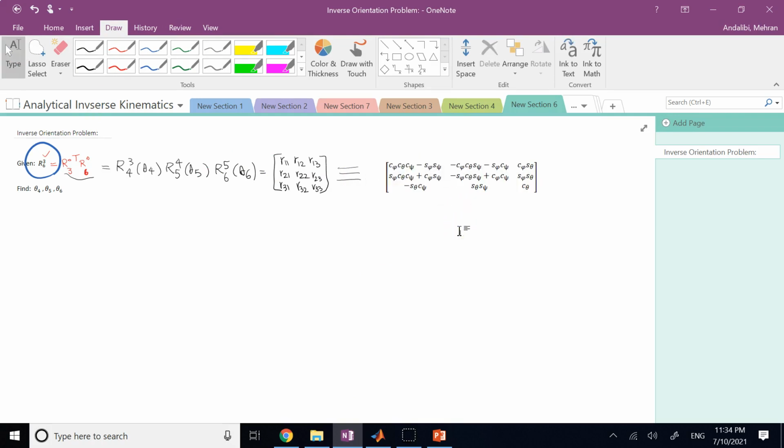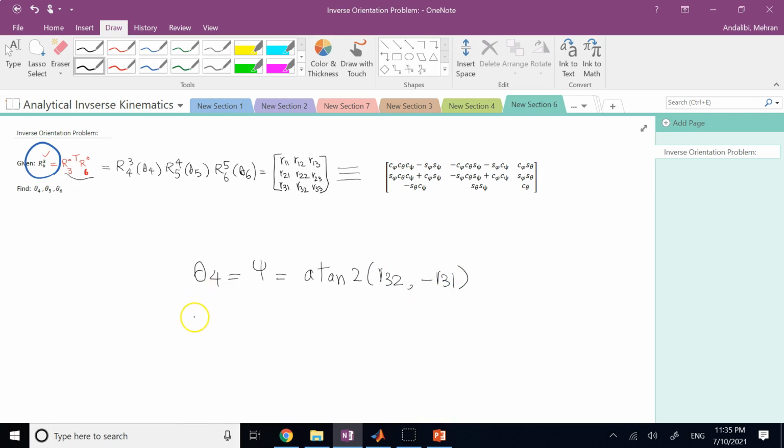So this is the ZYZ sequence, and clearly you can now say your theta 4 is the same as the first Euler angle, which was psi, and psi clearly from here is arc tangent 2 of R32 and negative R31.